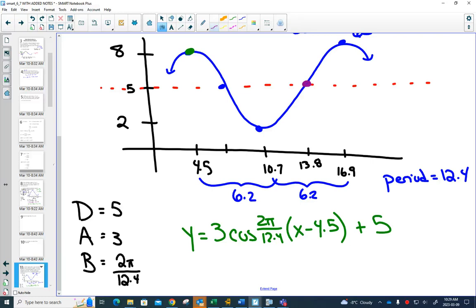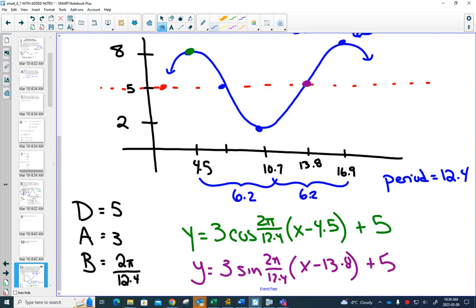So for that purple point, as a sine graph, A value is the same, B value is the same, D value will be the same, but now we're shifting 13.8 to the right. Some people like to go backwards and find that point and use that one for your sine graph. You have options. There's more than one right answer when figuring these out.